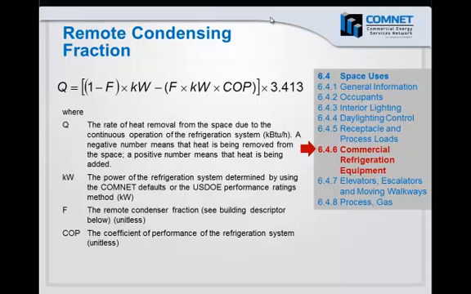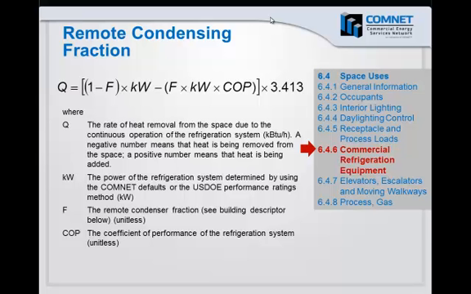When the condensers are located outdoors, which is the case with most supermarkets and some convenience stores, then the commercial refrigeration system actually removes heat from the space and behaves a little like an air conditioner.